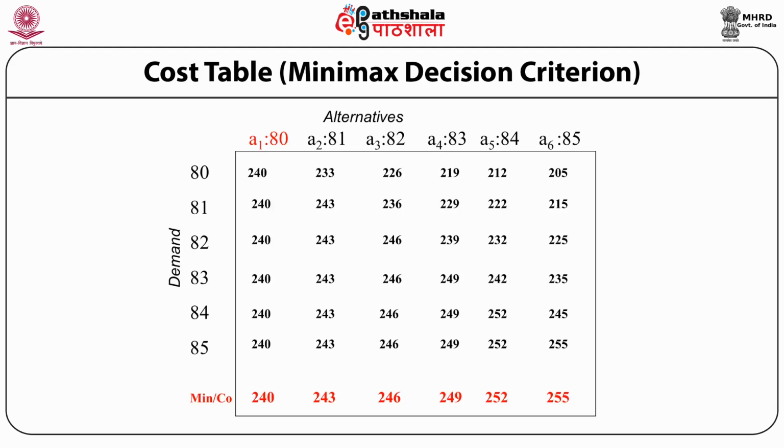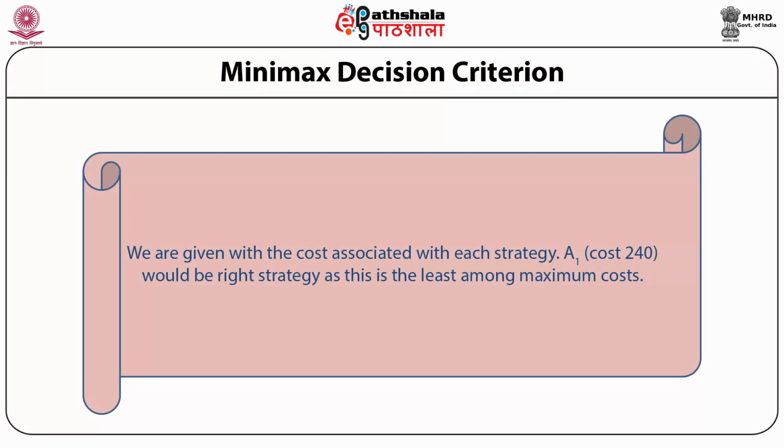Now, as per the Minimax criteria, we will select the minimum cost out of the maximum. So in this case, you can see that 240 is the minimum value of the cost out of the maximum costs, and it occurs for the action A1.